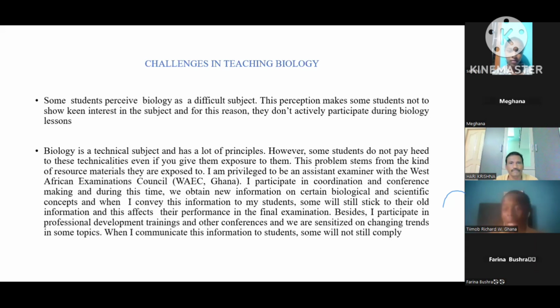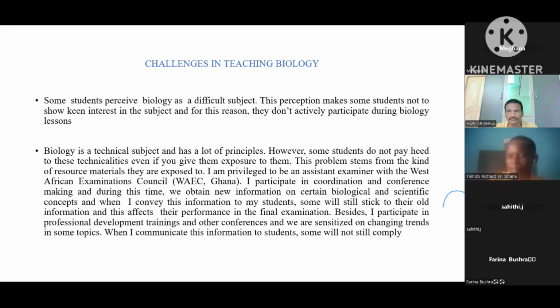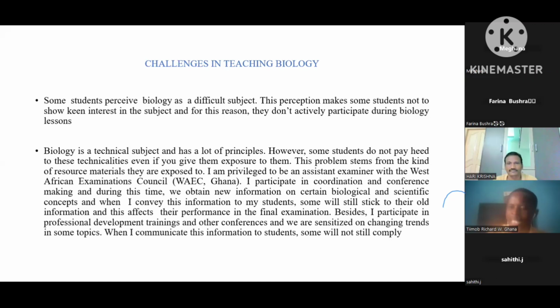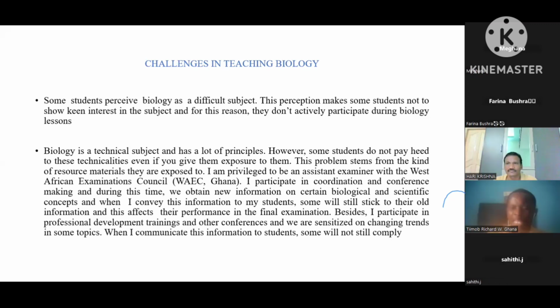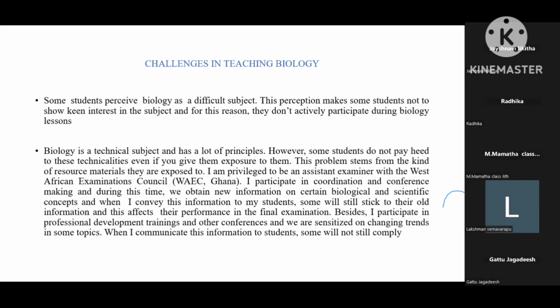I let them understand that whatever concepts we are going to be learning in biology are very much related to our real life situations. And if they want to really enjoy the study of the subject, they have to do situational learning, whereby whenever we are learning particular concepts in biology, they should try to see the kind of things they can easily relate those concepts to in their immediate environment.